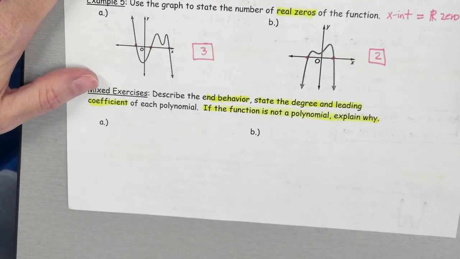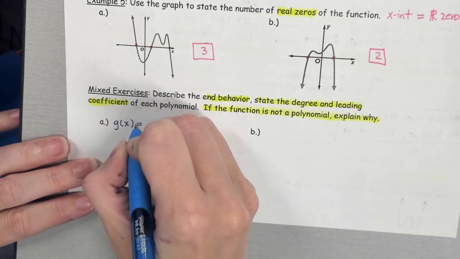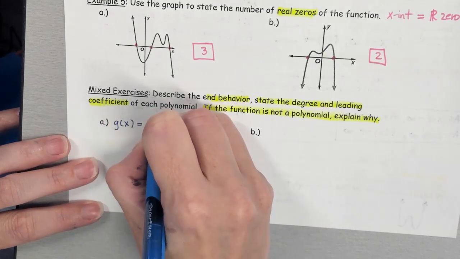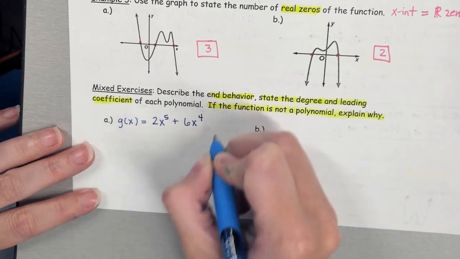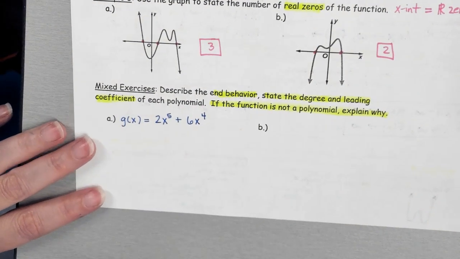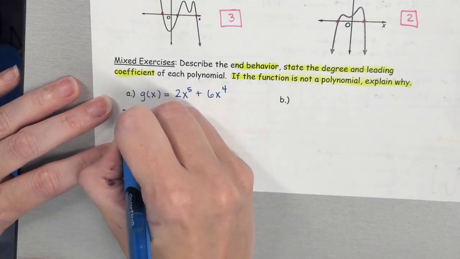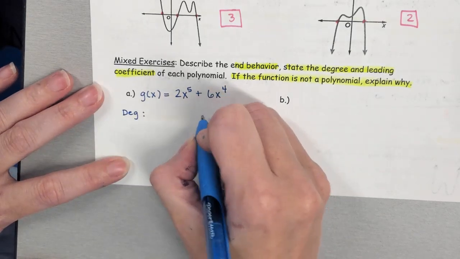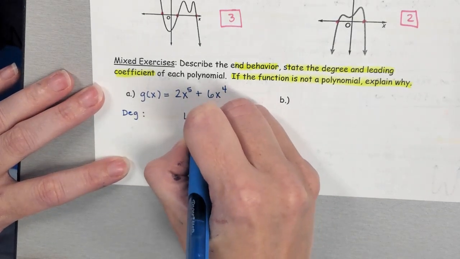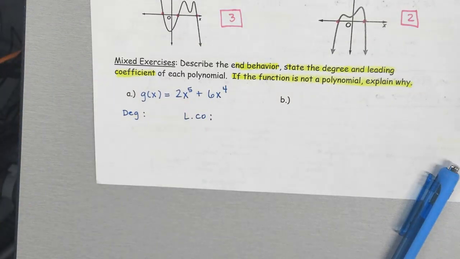Okay, so for A, we have g of x is equal to 2x to the 5th plus 6x to the 4th. Okay, and I want you to write what your degree and leading coefficient is, if you can. And then you can do your end behavior from there.